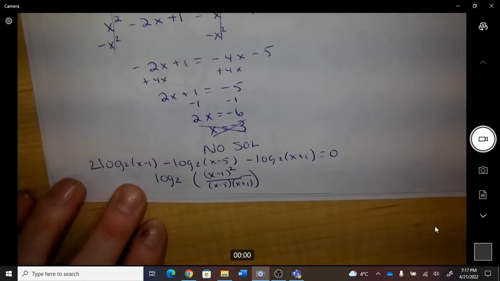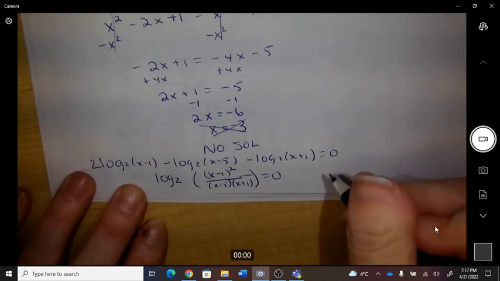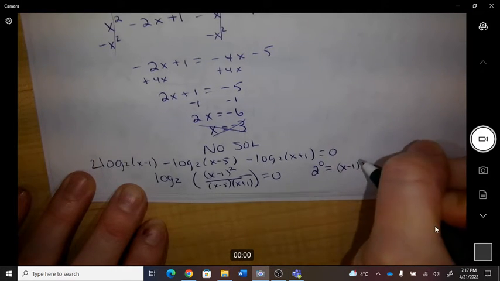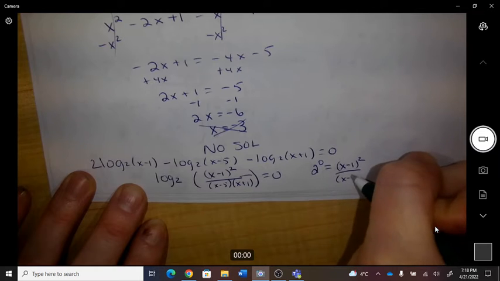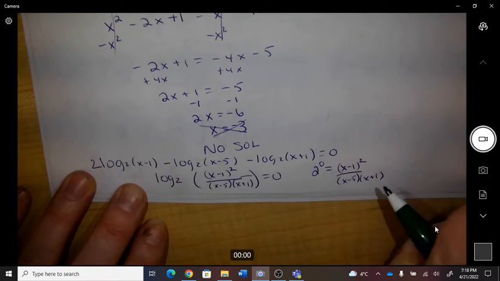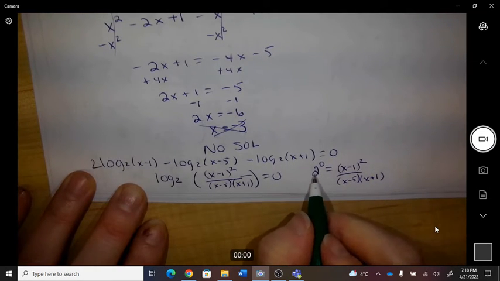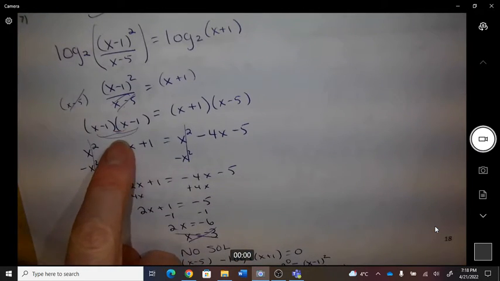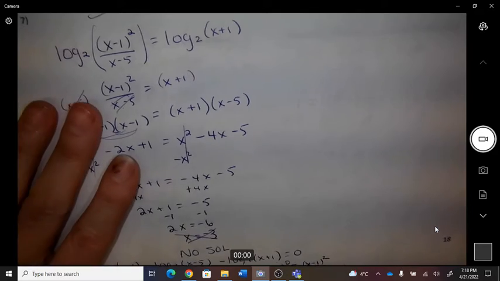So that's what it would look like. Then you would rearrange, so 2 to the 0 equals this result. And then this is 1. And then you can see how we're going to end up exactly the same as in the algebra there.